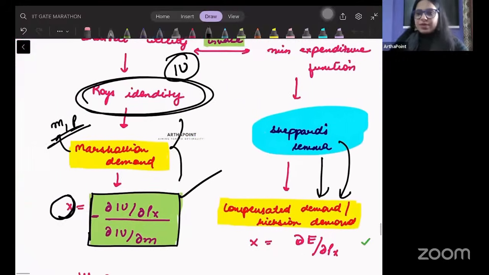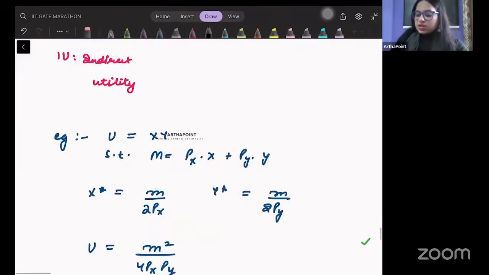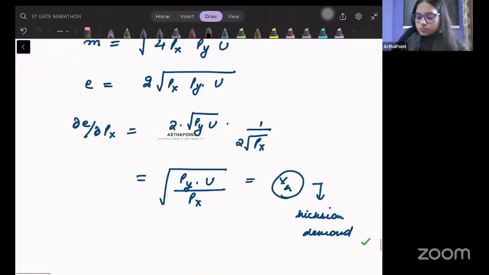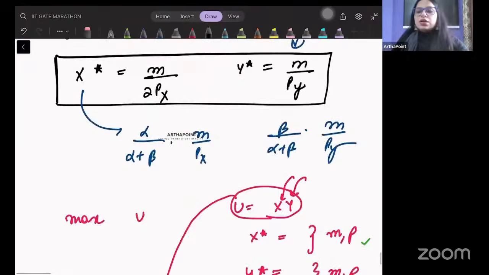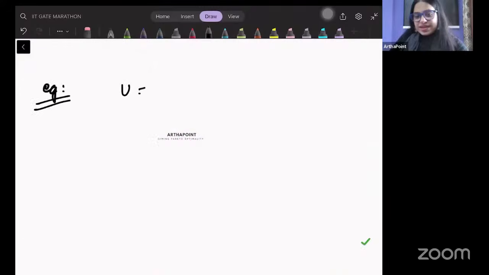So for this, let's look at one last example. Suppose you have a utility function xy. From here we found that x star will be m by 2px, y star will be m by 2py.